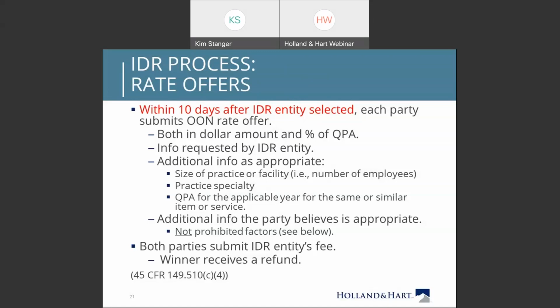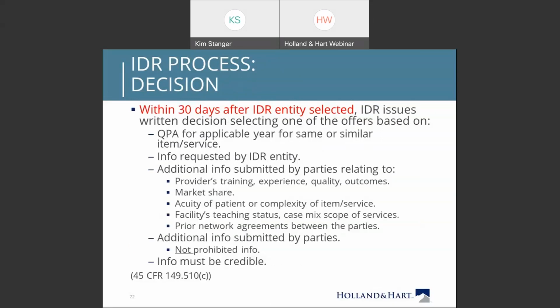When you submit that rate offer, both parties have to submit the IDR entity's fee. This is different than the administrative fee. This is the IDR's fee. Both parties submit the whole fee, and then at the back end, the winner will get a refund for the fees that they submitted, but the loser will not receive their money back.